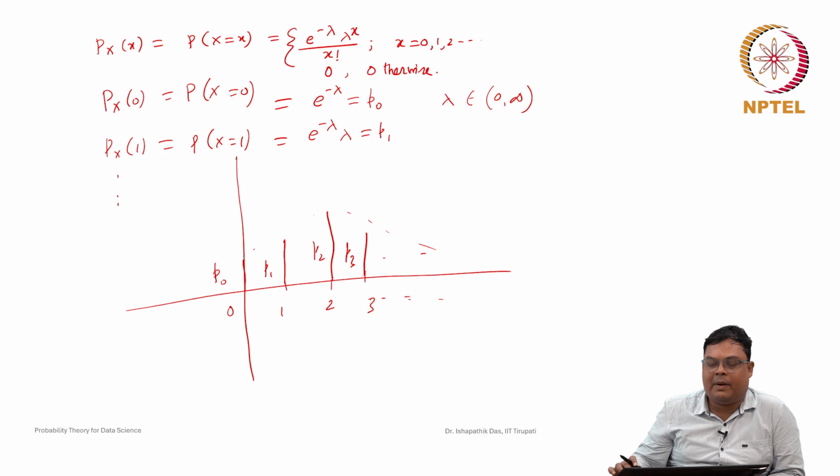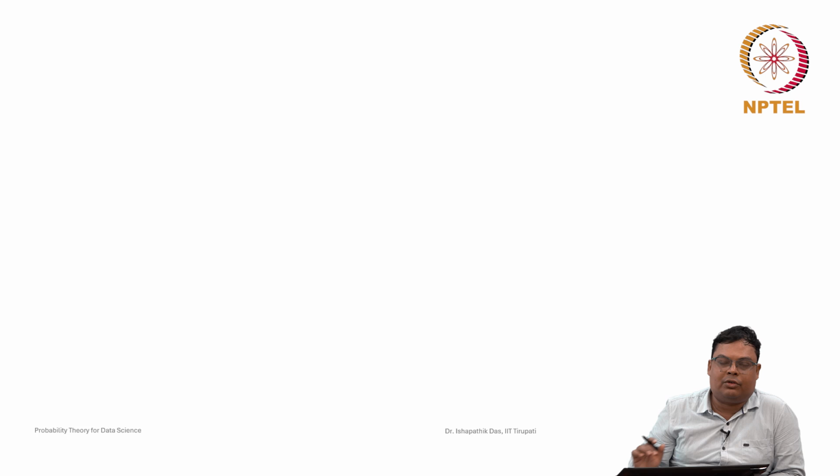Now, how can you find the cumulative distribution function for this Poisson distribution?